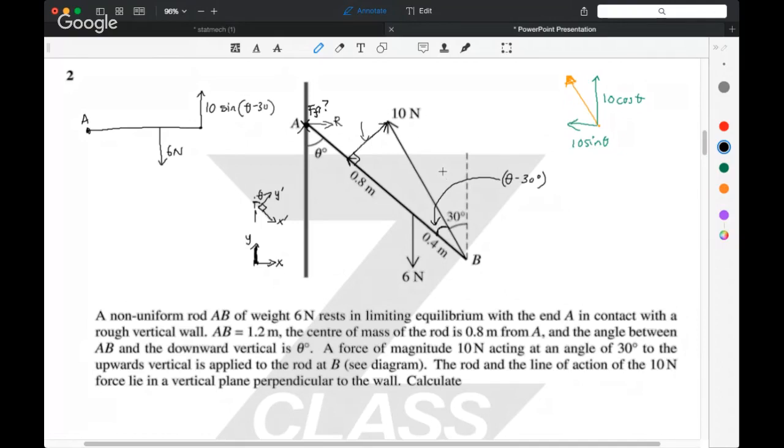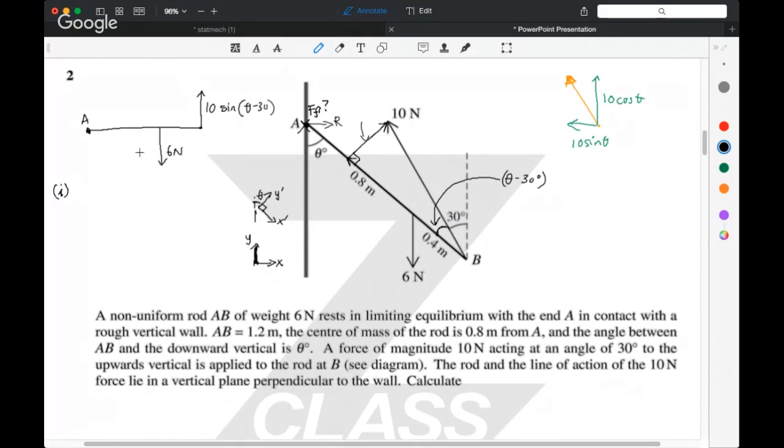You can't rotate something by just pushing down on it directly. You've got to use a lever. You've got to have some distance. So I don't care about A. These are my only two forces that I care about, and I know that the moments must be balanced.